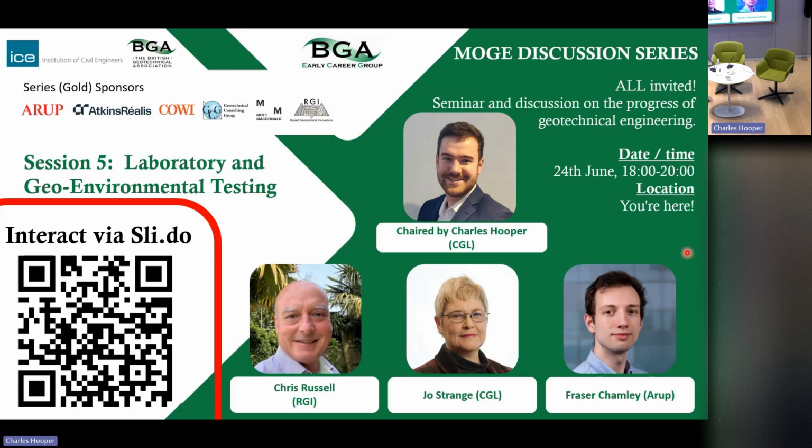Our speakers today are Fraser Chamely of Arup, Joe Strange of CGL, and Chris Russell of RGI. And they've chosen to sit in the audience, which is why you can't see them online. But they will come and stand here for their presentations, I promise.